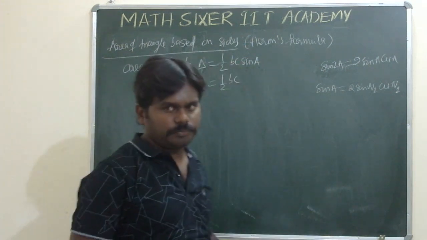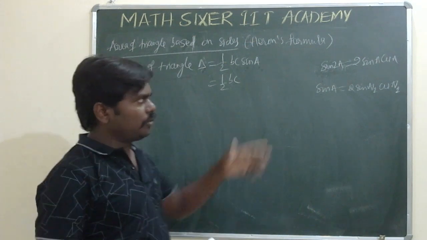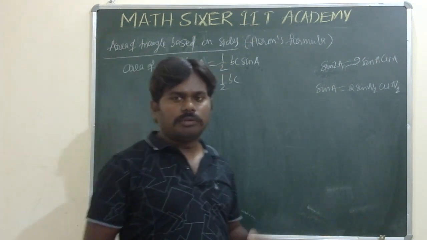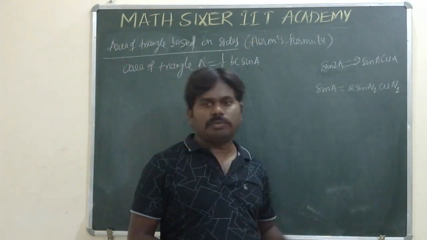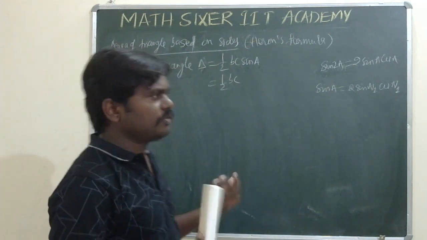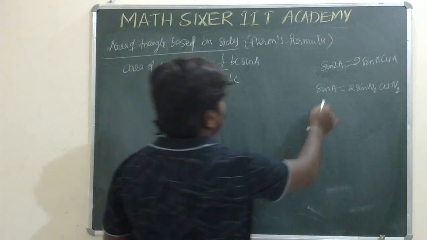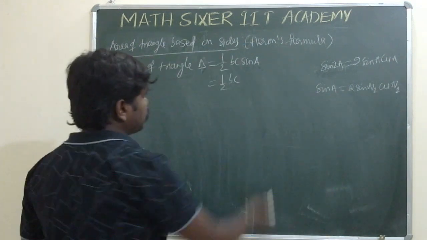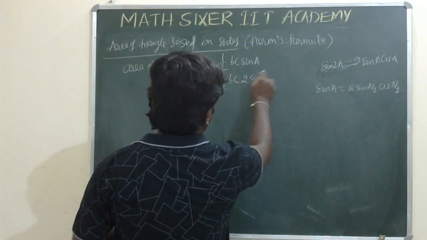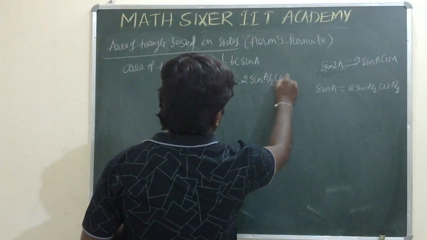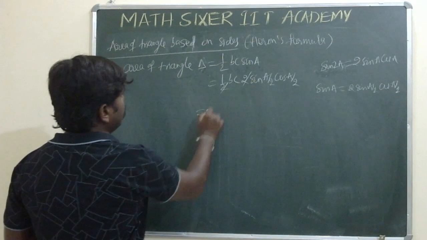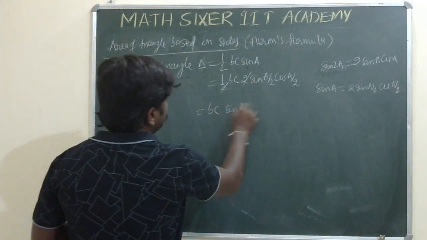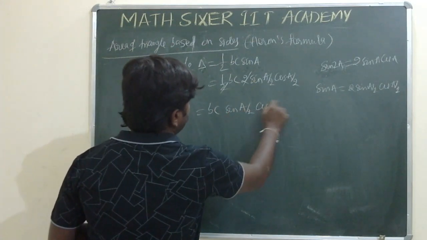Okay. So sin A by 2, we can express everything in terms of sides, and cos A by 2 also we can express everything in terms of sides. So now sin A means 2 sin A by 2 cos A by 2, and this 2 will get cancelled, hence you will get BC into sin A by 2 cos A by 2.